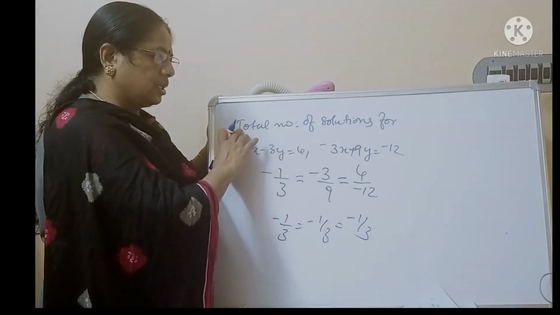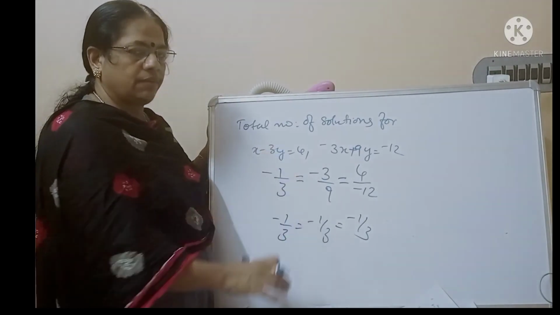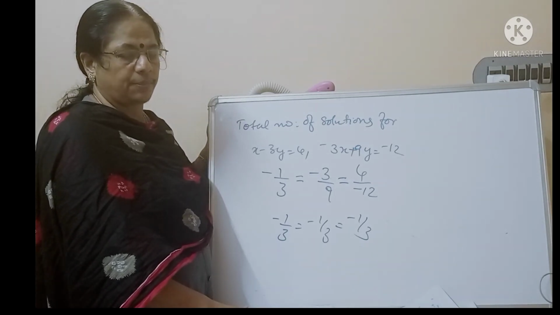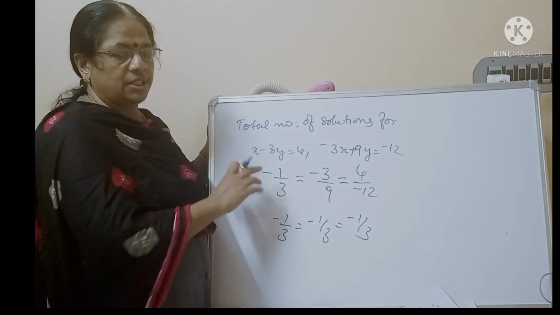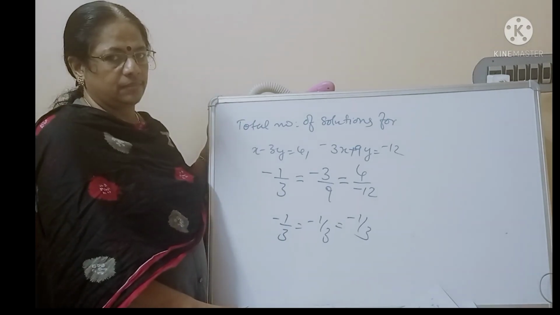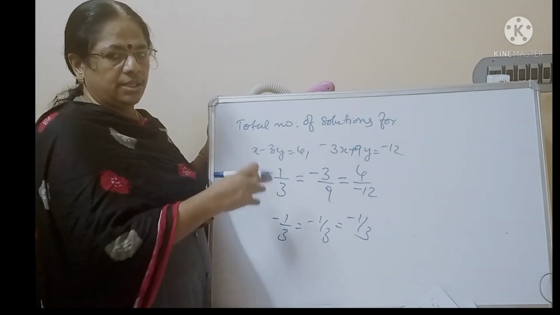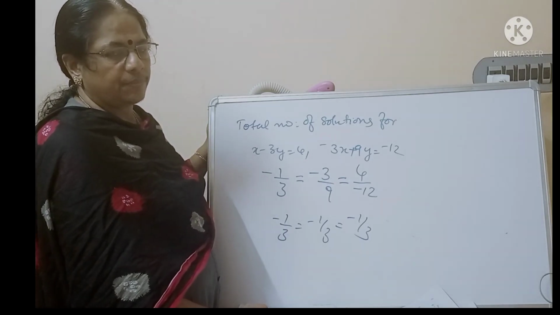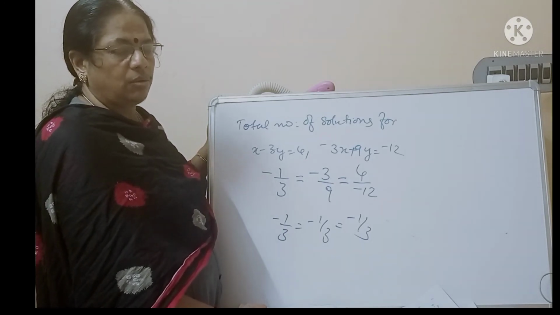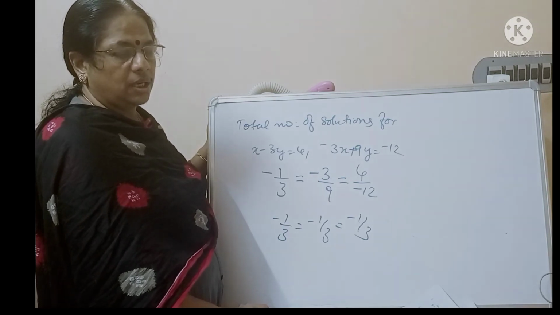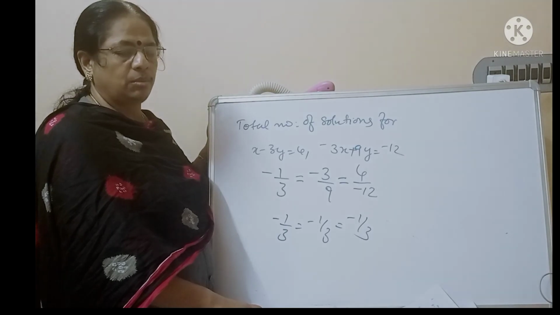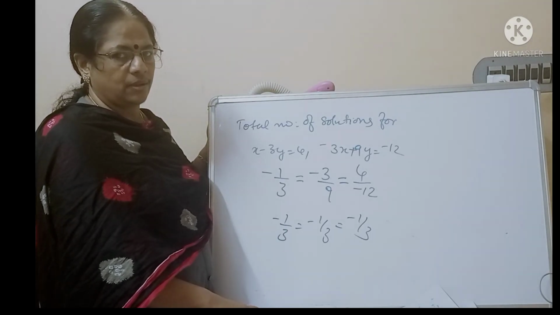That means the given set of equations has infinitely many solutions by this method. I think all these problems are very clear for you, and we only need to be thorough with the conditions for consistent, inconsistent and number of solutions.